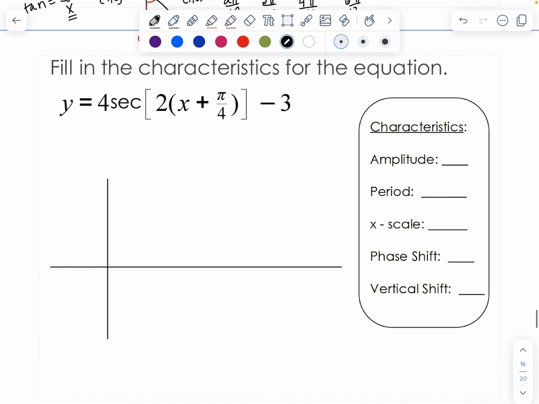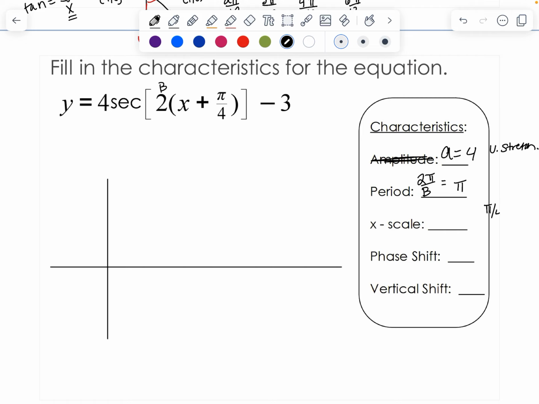So for secant, if it was cosine, we'd have an amplitude, but it's secant, so we just have an a value of 4. That's going to tell me it's a vertical stretch. But my cosine curve would have an amplitude of 4. Period for these are going to be 2 pi over b, and your b value is going to be 2. So 2 pi over 2 is going to be a period of pi.